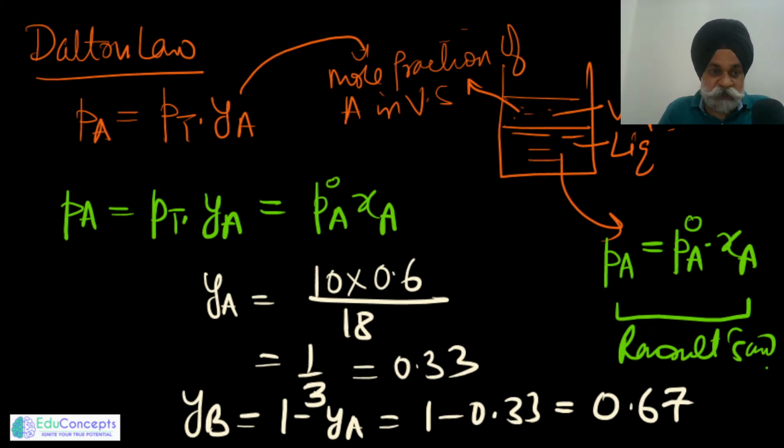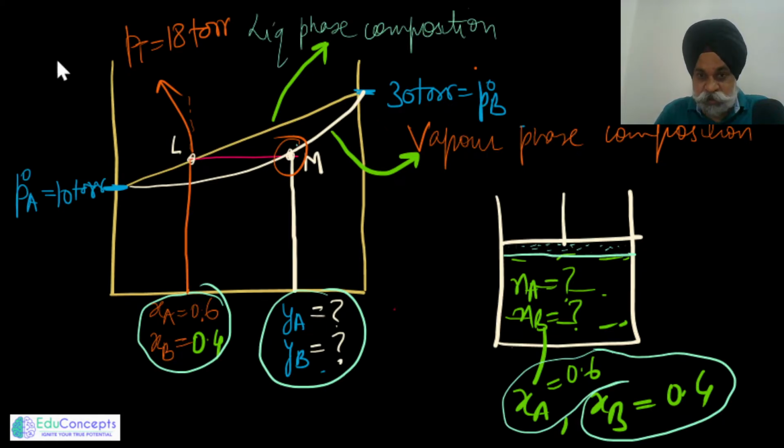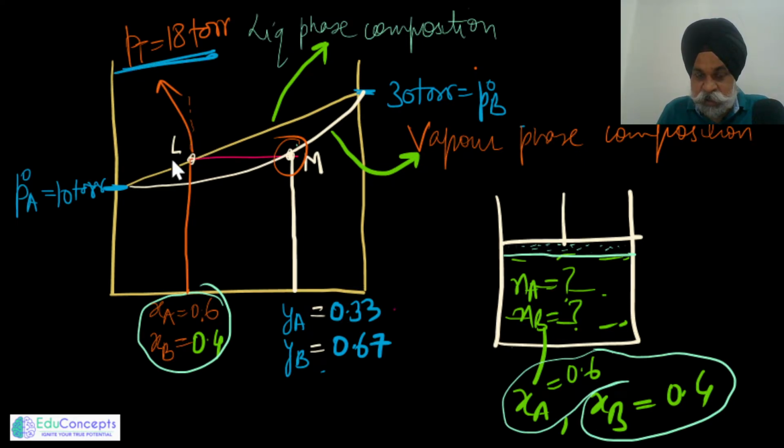So what we got here is that when the pressure was 18 torr, the mole fraction in the vapor state is 0.33 for A and 0.67 for B. Is it okay? This is one thing you should know.